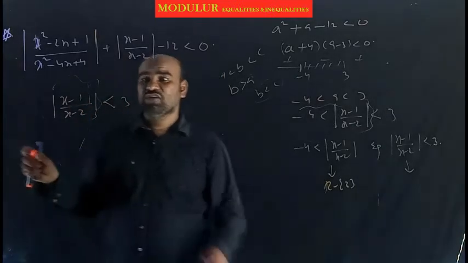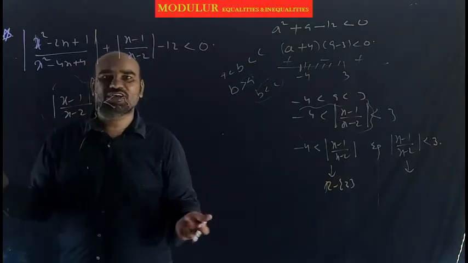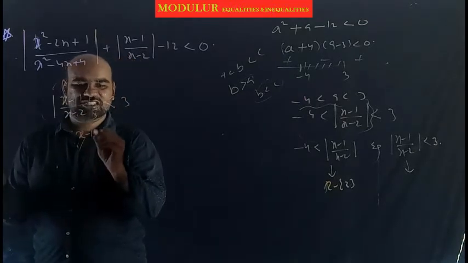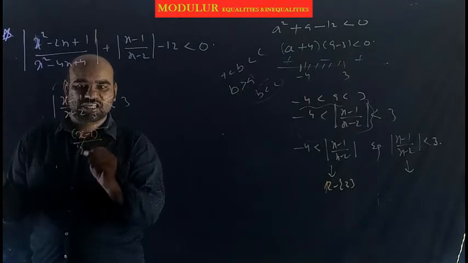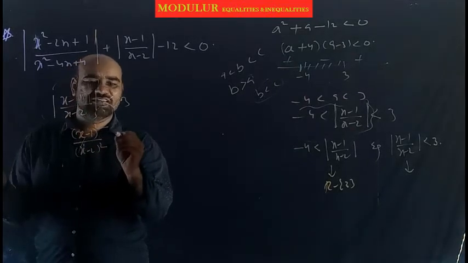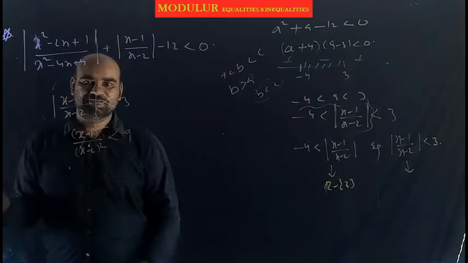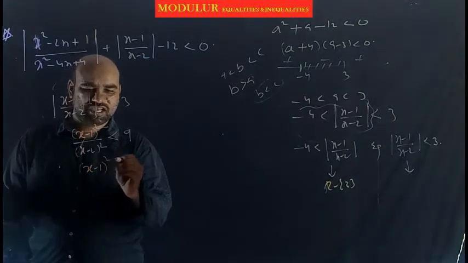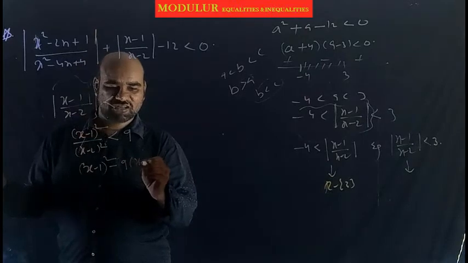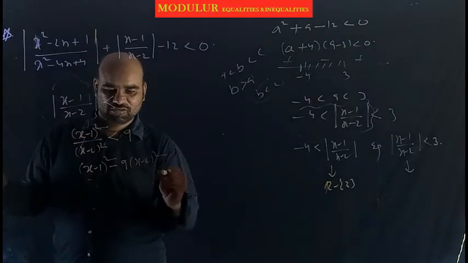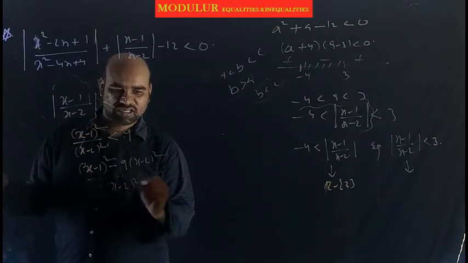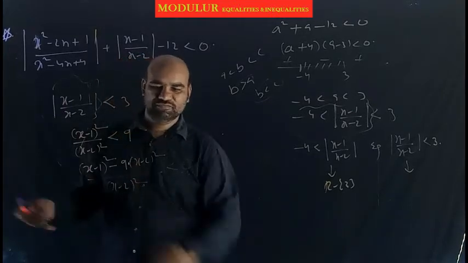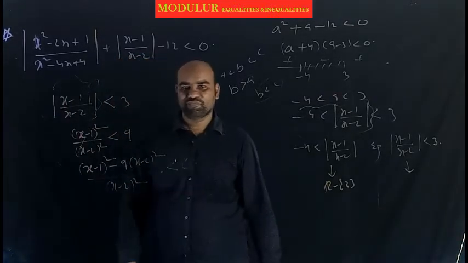That's why squaring both sides, nothing happens to the inequality. (x minus 1) square by (x minus 2) square is less than 9. So (x minus 1) square minus 9 times (x minus 2) square, by (x minus 2) square, is less than 0. Such x values I want to find now.